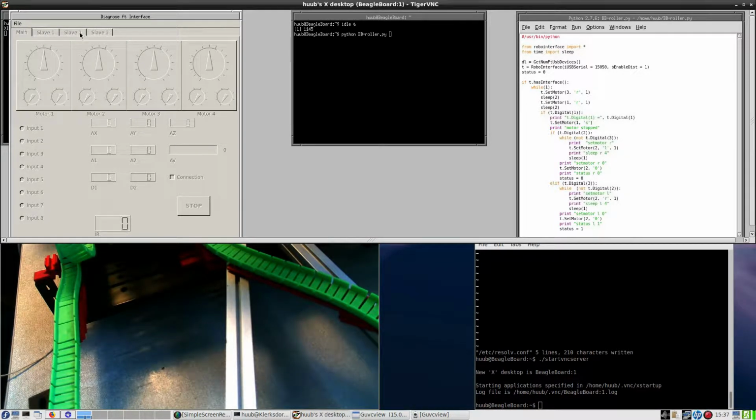So a main interface and 4 slaves, 4 motors, which can be addressed as 8 outputs, inputs, etc. Hopefully not using it, but it has come in very helpful already quite a number of times.